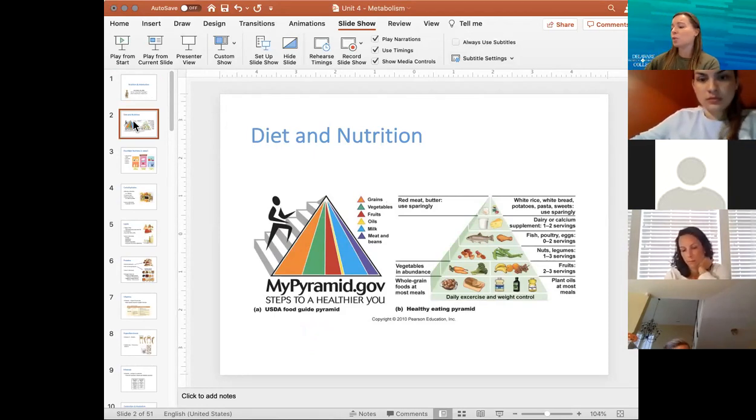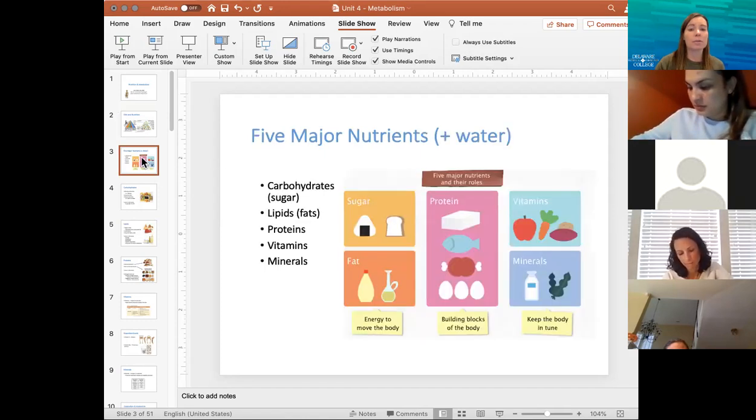So if you look at your outline, you can see the main macronutrients. These are carbohydrates, lipids, and proteins. And then micronutrients, which we only require a very small amount of, are the vitamins and minerals. So we'll start with the macronutrients, beginning with carbohydrates.